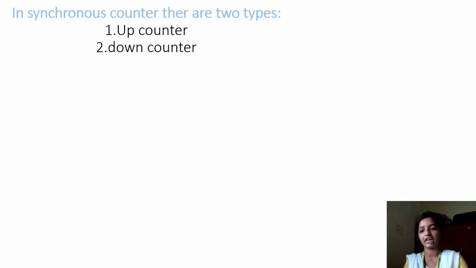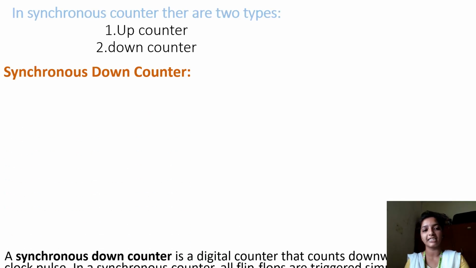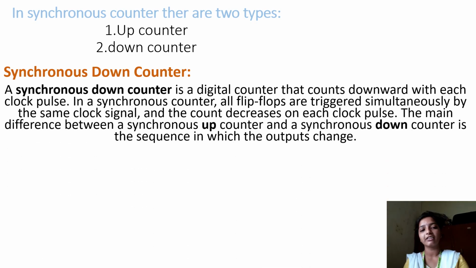In synchronous counters, there are two types: synchronous up counter and synchronous down counter. And our topic is the synchronous down counter. A synchronous down counter is a digital counter that counts downward with each clock pulse. All the flip-flops are triggered simultaneously by the same clock signal, and the count decreases on each clock pulse.